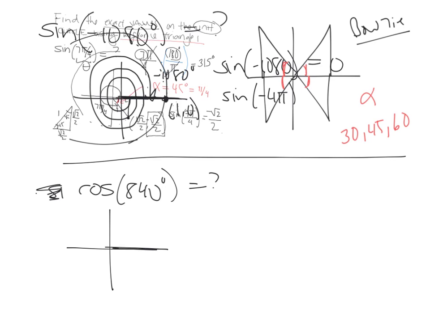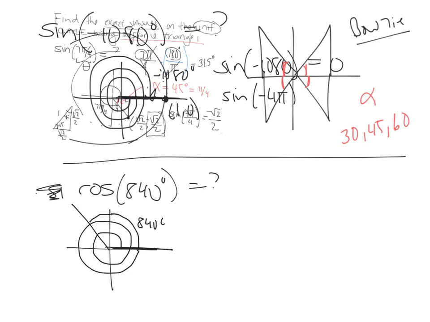We have our positive x-axis, and we're starting here, here's 360. Another 360 would be 720. If I add 90, I'm right here, which is at 810. So 30 more would give me 840.